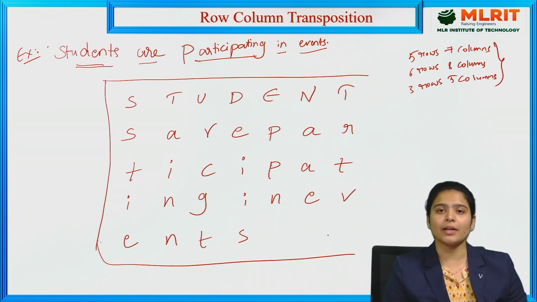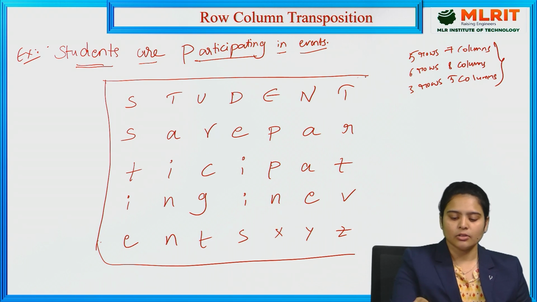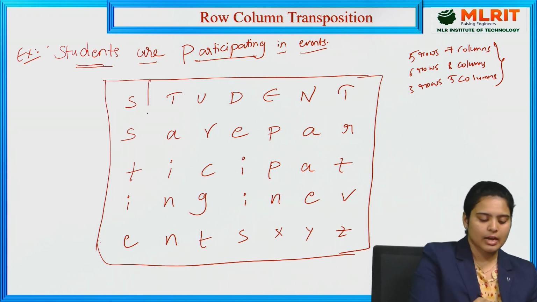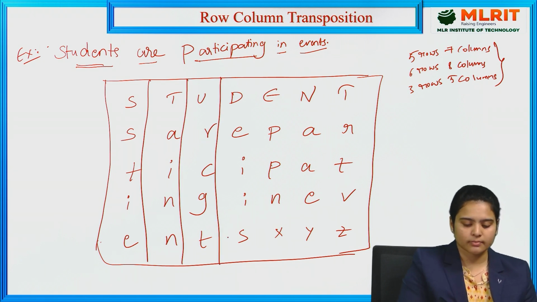Then what about the remaining 3 places? As we did in the Caesar cipher or the Playfair cipher, for the remaining places we add some bogus letters. So I am adding 3 bogus letters here: X, Y and Z. So these are the 5 rows and 7 columns.